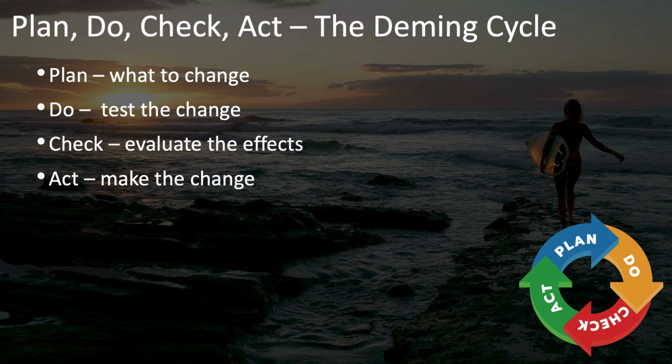You plan what it is you'd like to change about the process, and then in the do step, you make a small test of that change. Then you check by evaluating the effects of that change, and then if it worked out, you act by making that change applicable more broadly.